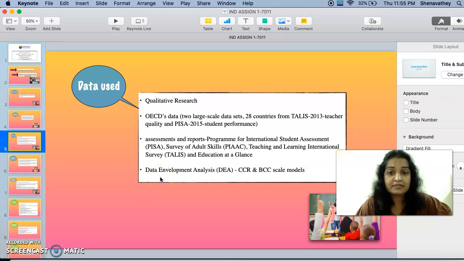There are also some assessments and reports which have been used, such as the Program for International Student Assessment, Survey of Adult Skills, Teaching and Learning International Survey, and Education at a Glance. Thus, there is also data envelopment analysis which has been made based on CCR and BCC scale models.